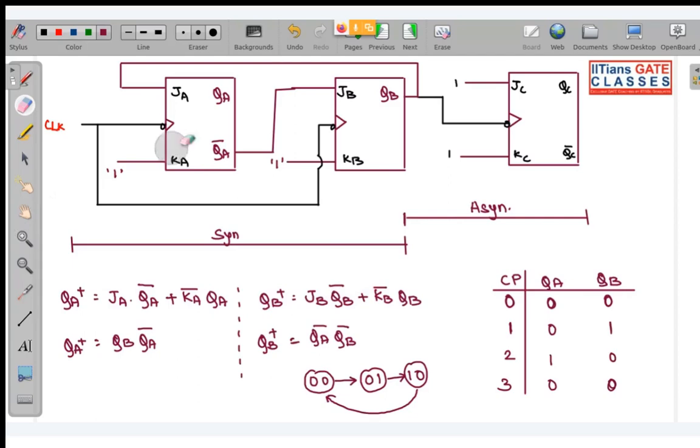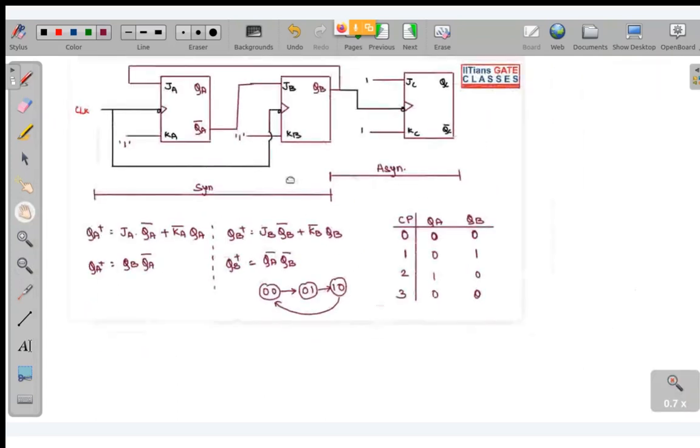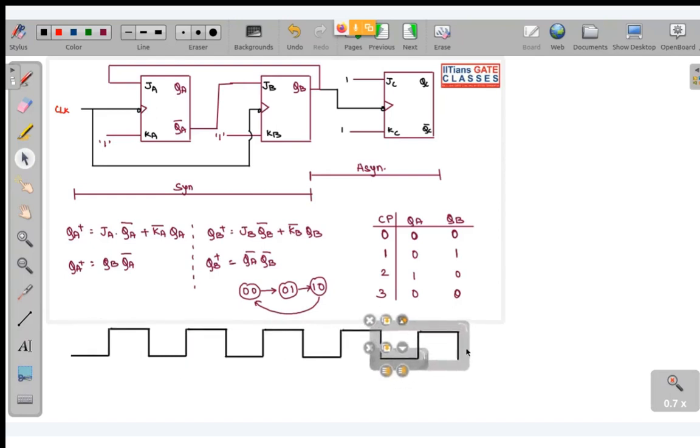So till the time you copy, I will just zoom this out a little bit because I want to make something else also. One, two, three, four.